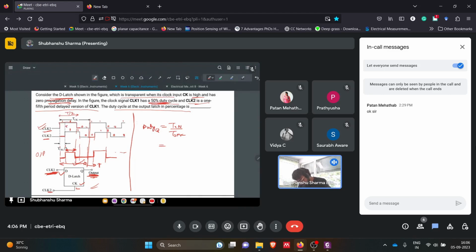And for this part it will be T by 2 minus T by 5, because we just subtracted this from this. Simple maths, divided by T. So we get 3 by 10, that is, a 30% duty cycle at the output.